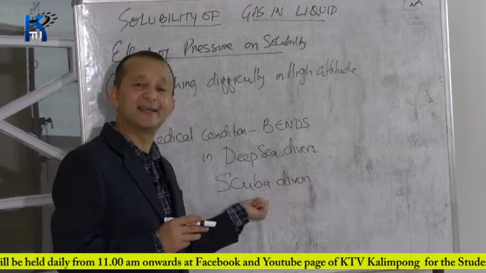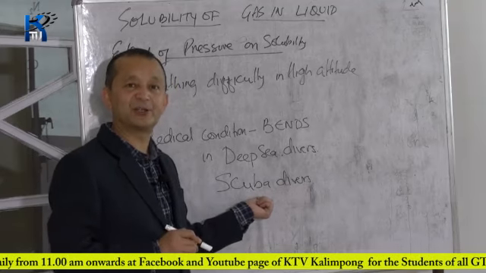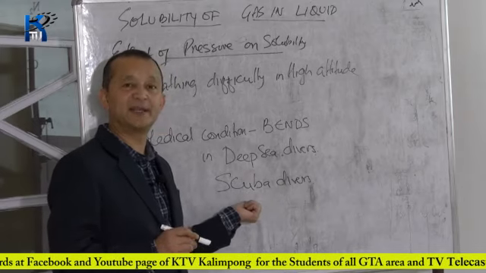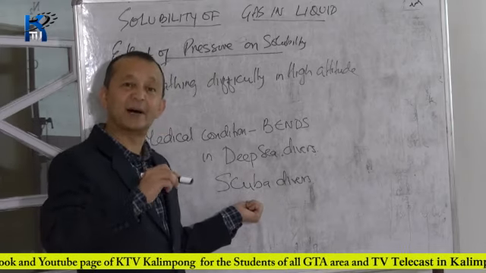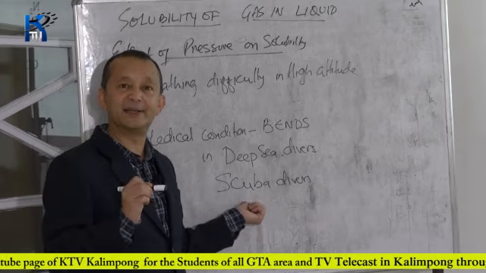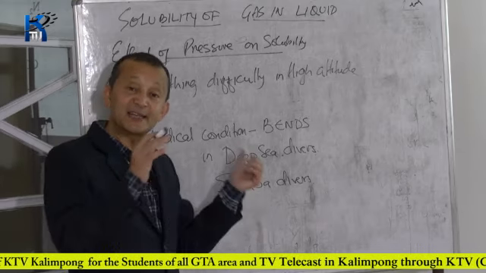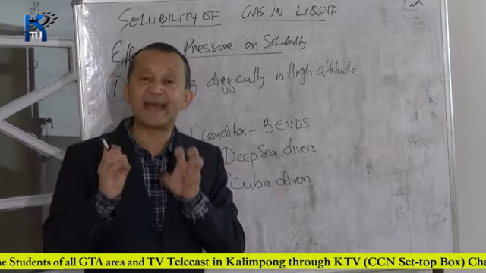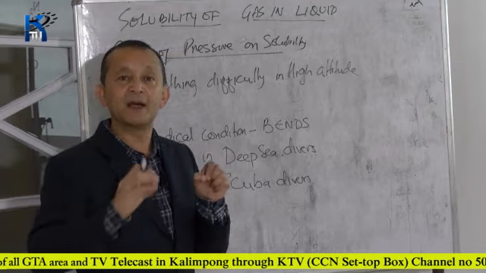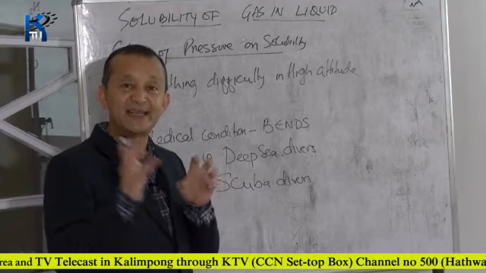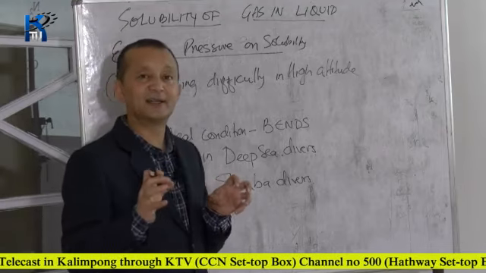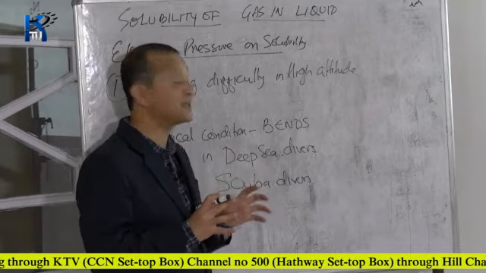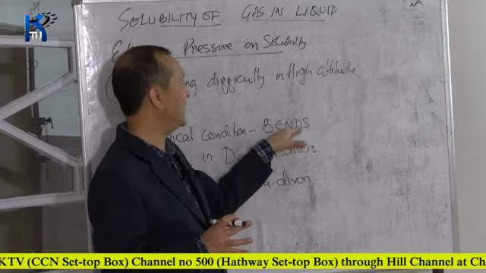the solubility decreases because of less pressure, and when the solubility decreases, bubbles of the gas come out in the blood capillaries. These are bubbles of nitrogen gas which come out in the blood vessels. This causes blockage in the blood vessels, and this life-threatening medical condition is known as bends.